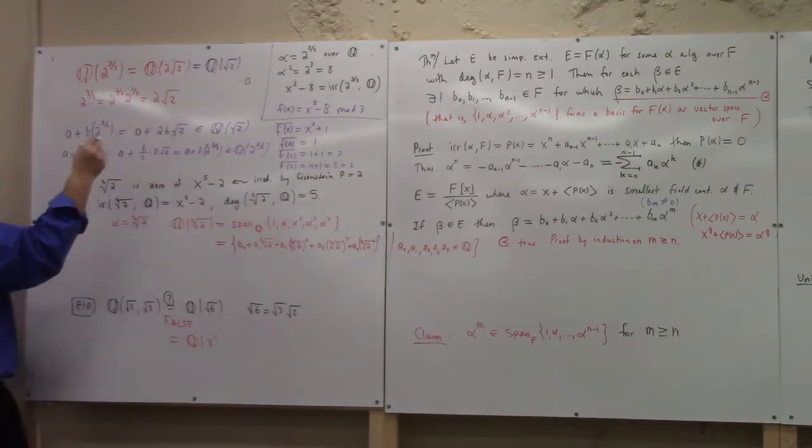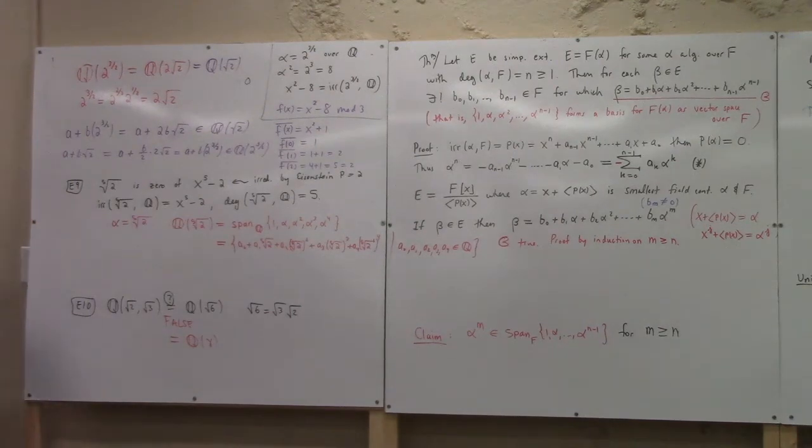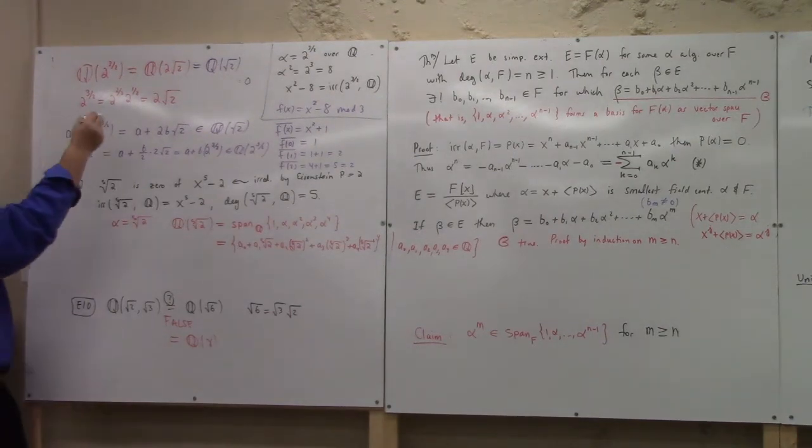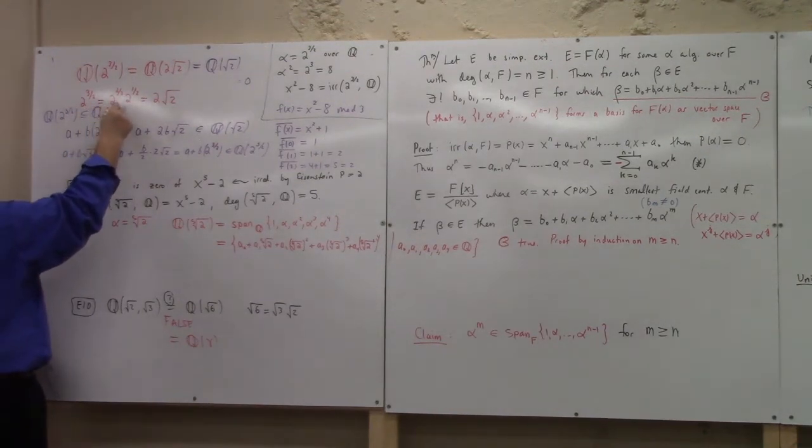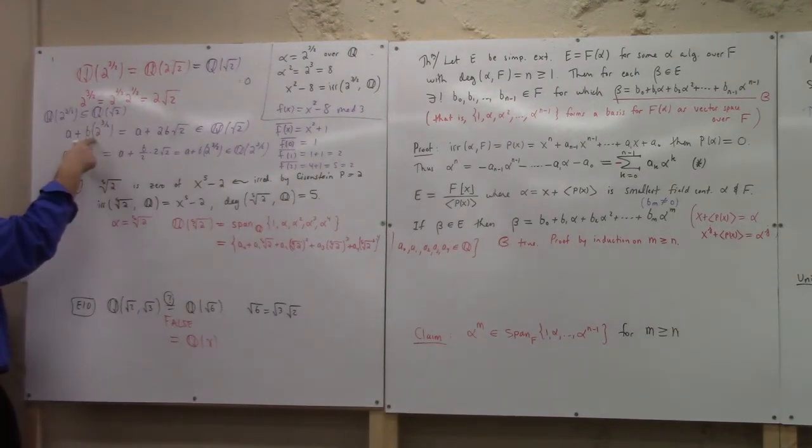So what I'm showing in the first line is that Q adjoin 2 to the 3 halves is a subset of Q adjoin root 2, because I showed an arbitrary element of here is also in there.